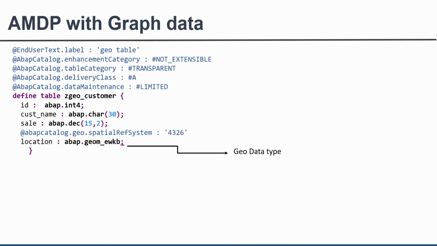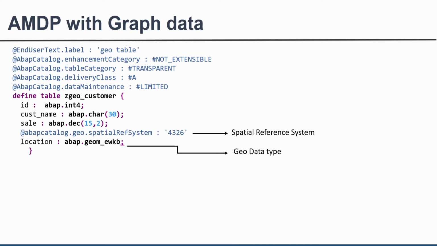Now in this case you can see GEOM_EWKB is a geo data type, and for this geo data type I am giving a reference to a spatial reference system. So what is this spatial reference system? This is similar to your currency field. For example, if you create a table in the data dictionary and create a field of type currency, you have to give a reference of a currency key for that field.